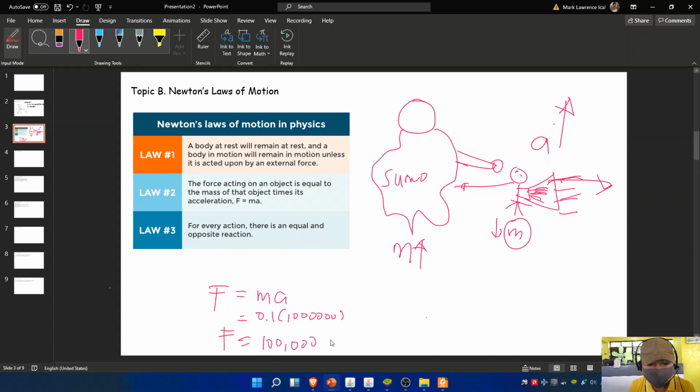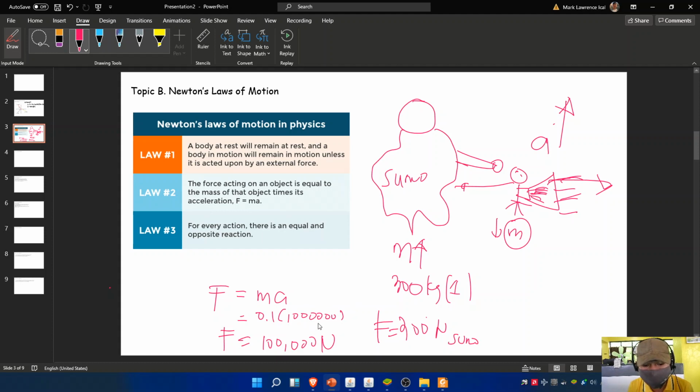Now, kaya ko bang patalbugin si sumo wrestler na may bigat na 300 kilograms? Sabihin natin na ang acceleration niya ay let's say 1. So 300 newtons. So this is yung force na kailangan para kay sumo wrestler.